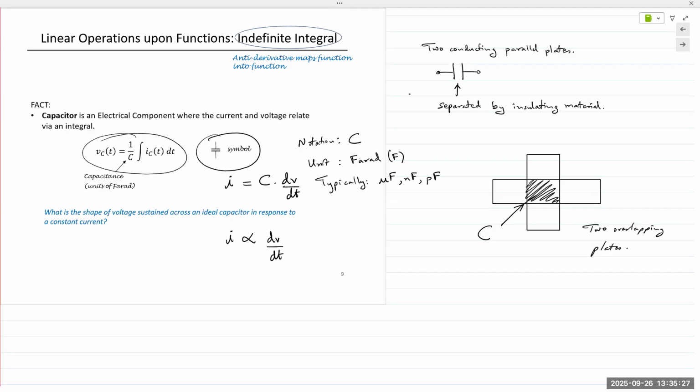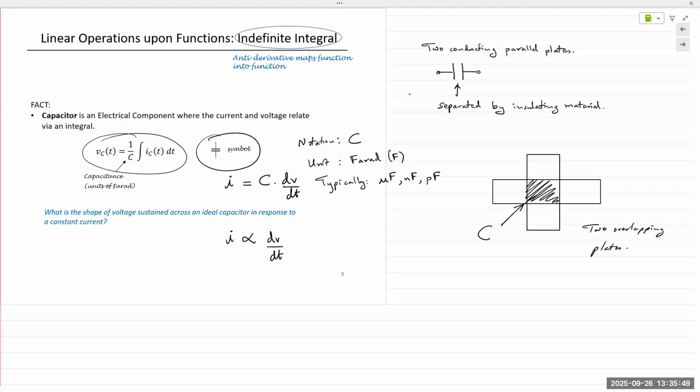The property of a capacitor is that it creates an electric field, or electrostatic field, and then energy is stored in that electric field. Like an inductor, the capacitor stores energy and then releases it back into the circuit at a later point in time.